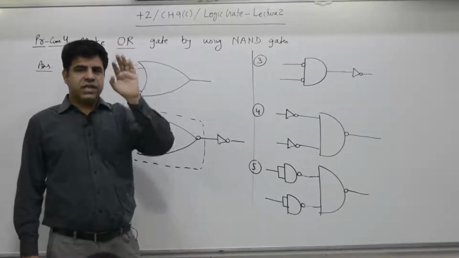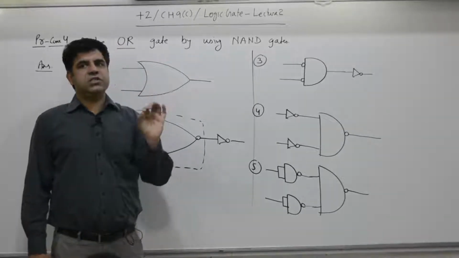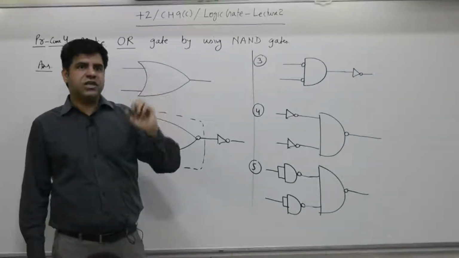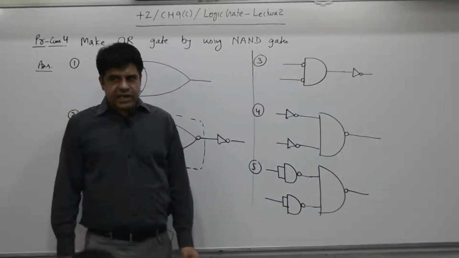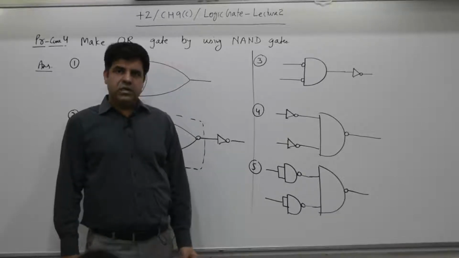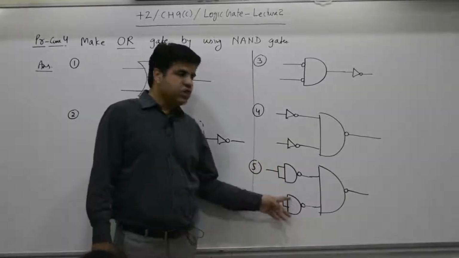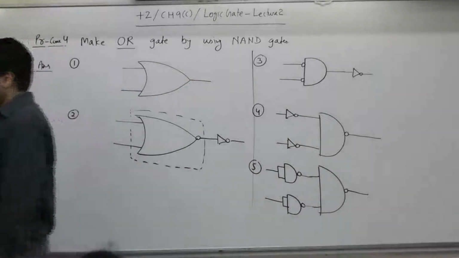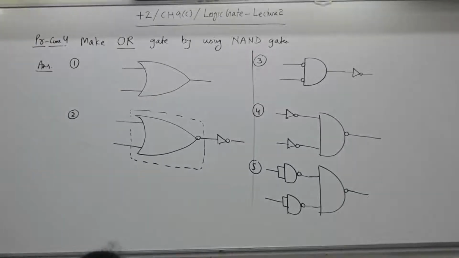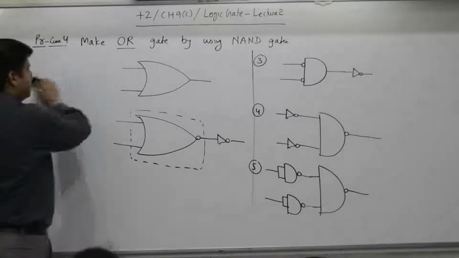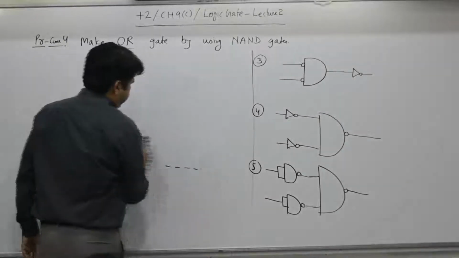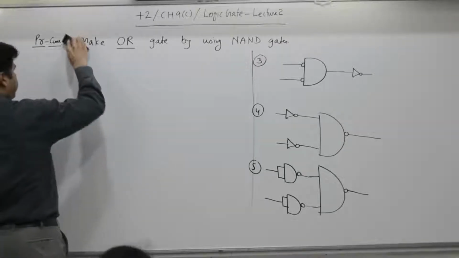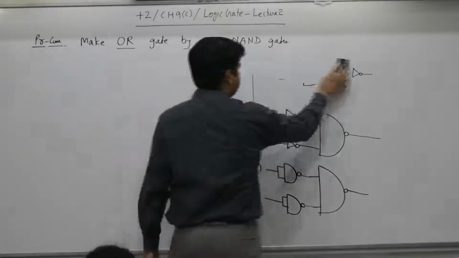The choices given then, one of the NAND gate is short circuited, 2 NAND gates are short circuited. इस तरह choices आएंगे. Total कितने gate NAND? How many? 3. Out of 3, how many are short circuited? 2. This was conceptual problem number 4.